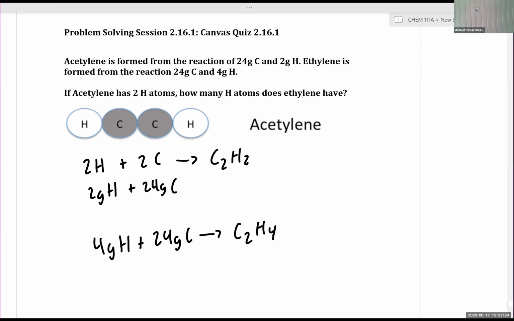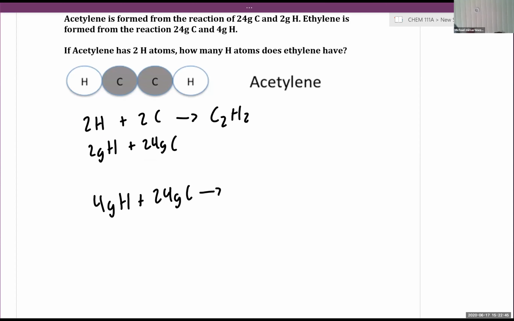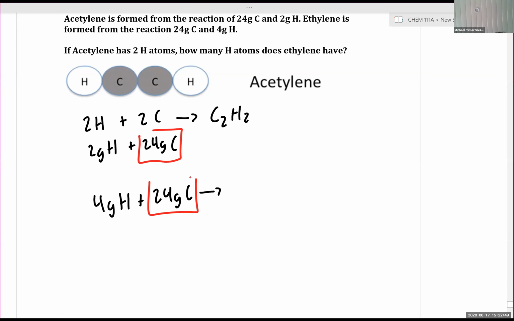Sorry, I mean from nomenclature. Let's now try and figure out the formula of ethylene using the law of multiple proportions. First and foremost, we see that the mass of carbon is the same in these two trials.